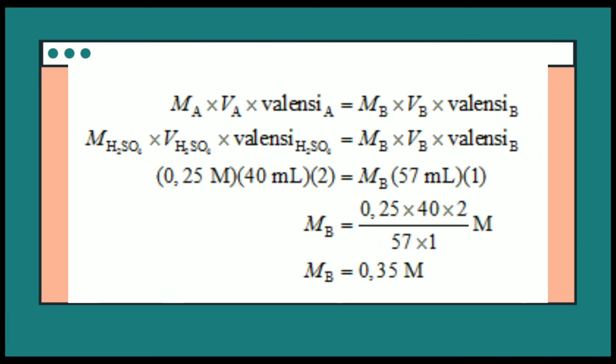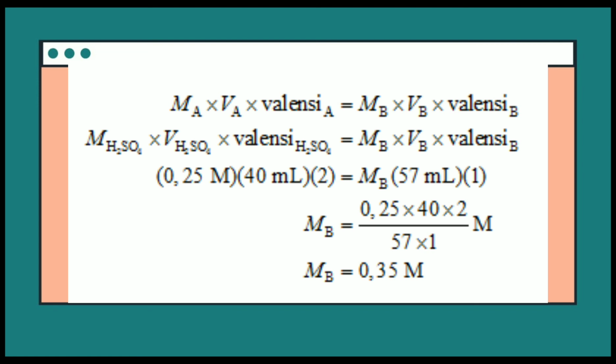Ma multiply Va multiply valence A equals Mb multiply Vb multiply valence B. M H2SO4 multiply V H2SO4 multiply valence H2SO4 equals Mb multiply Vb multiply valence B. 0.25 mol multiply 40 ml multiply 2 equals Mb multiply 47 ml multiply 1.